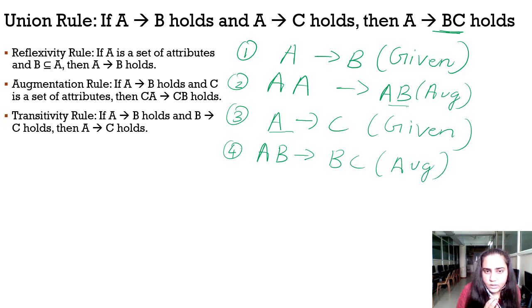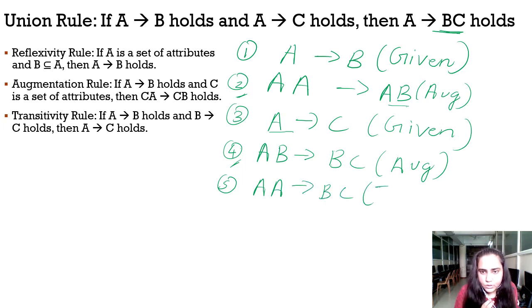And once I'm done, now you can see that using the equation in step 2 and the equation in step 4, I can apply a transitivity rule, because A determines AB and AB determines BC. So I can apply AA determines BC using transitivity. So in my fifth step, I will write down AA determines BC and I reached here using transitivity.